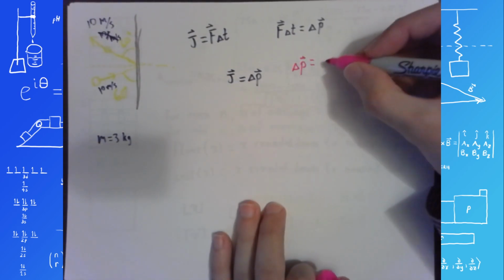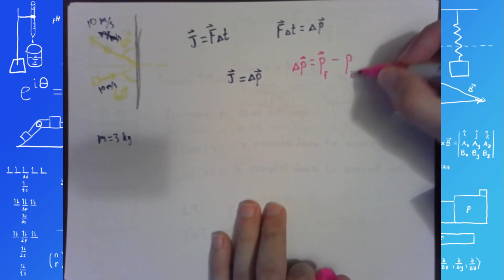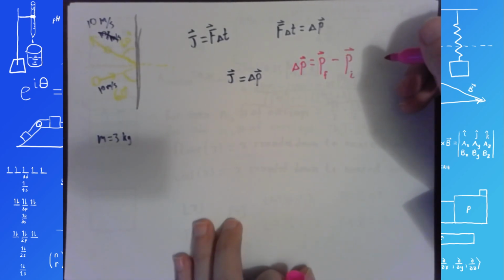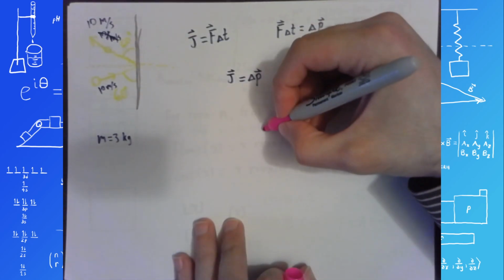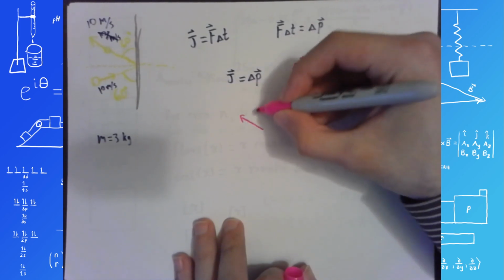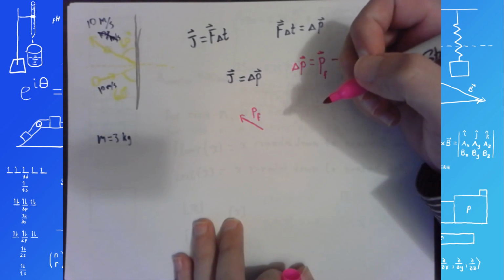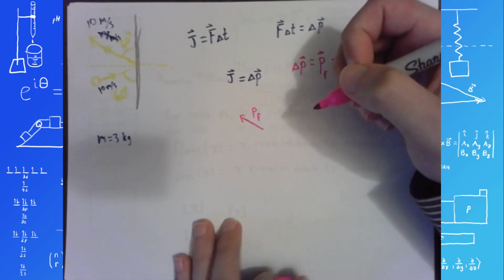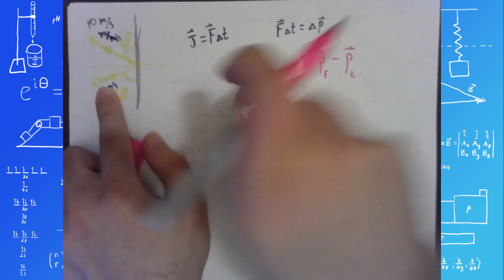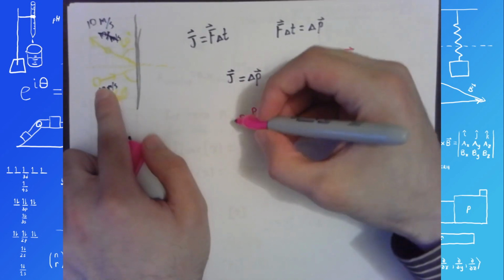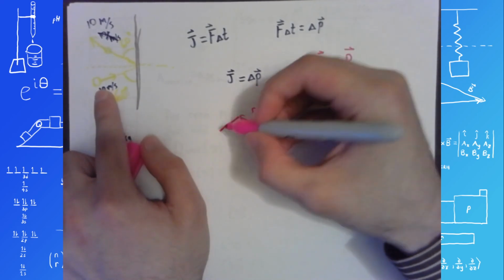Change in momentum equals momentum final minus momentum initial. This is vector subtraction. So momentum final minus momentum initial. Momentum final is like that. And then minus momentum initial is the same as adding the negative of this. If momentum initial is up and to the right, then negative momentum initial is down and to the left.